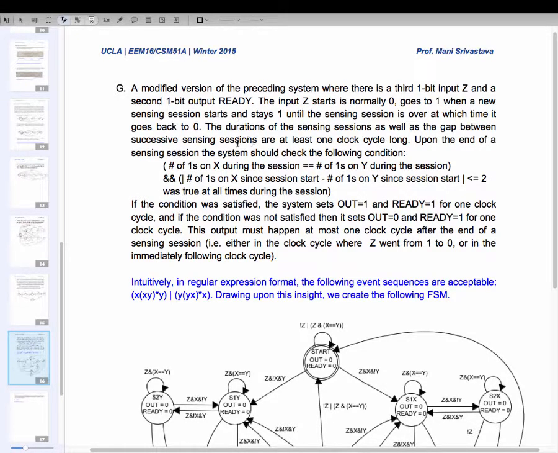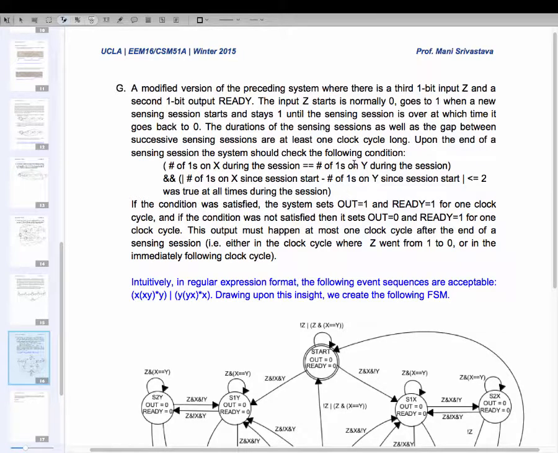One condition is the same as the previous problem: the number of X minus the number of Y was always within 2 of each other throughout the session. The other is that at the end of the session, the number of X and the number of Y were equal. These are the two conditions we have to check.